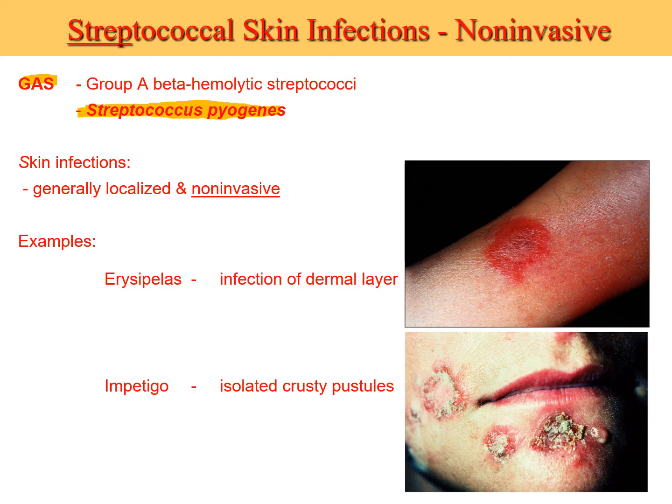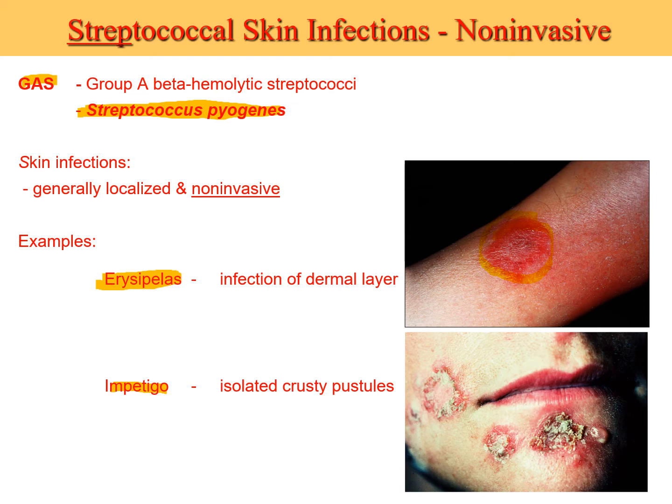Two examples of types of infections that you can see include erysipelas, which is an infection of the dermal layer and shows this kind of red skin rash that you can see, and impetigo. This is a particularly bad case of impetigo.